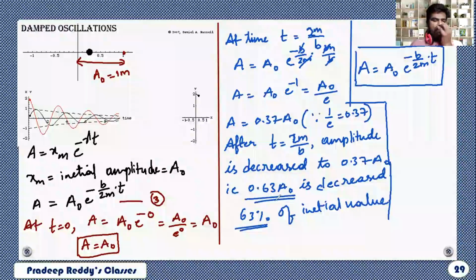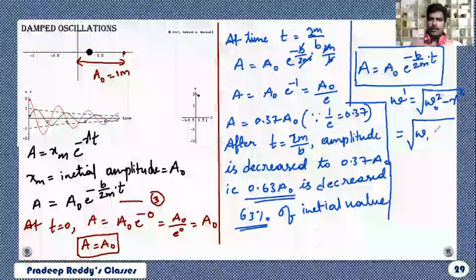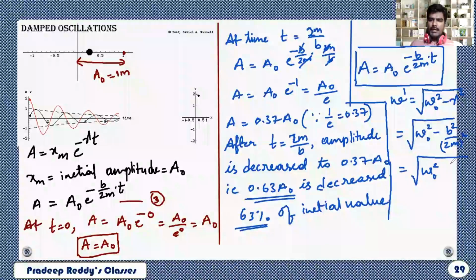And the frequency of damped oscillations also varies, and that frequency is omega dash, which is equal to under root omega naught square minus gamma square, that is under root omega naught square minus b by 2m whole square. So this is under root omega naught square minus b square divided by 4m square, which is the equation for omega dash.